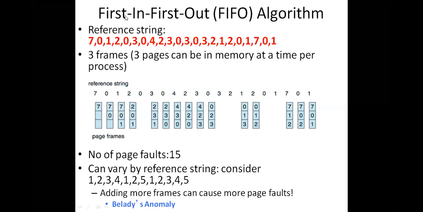As it is a first in first out algorithm, we take out the page which came into the frame first. Among 7 0 1, the 7 came first. So we replace 7 with 2, giving 2 0 1.